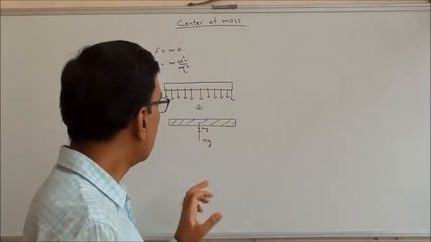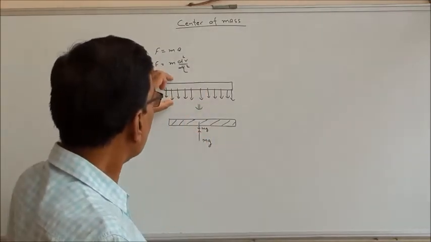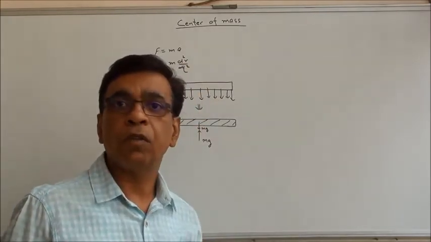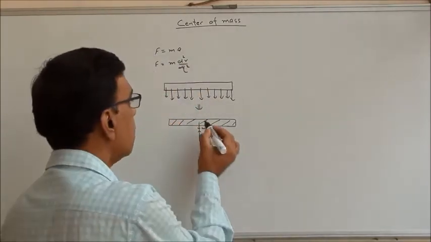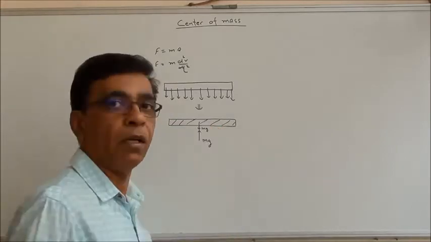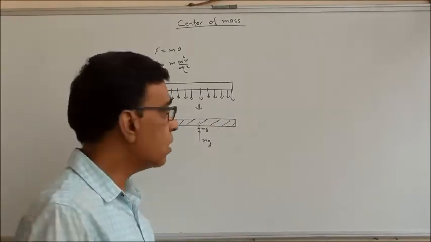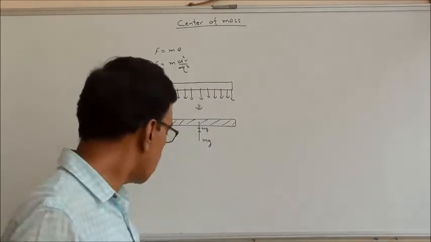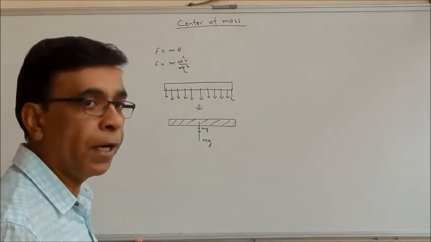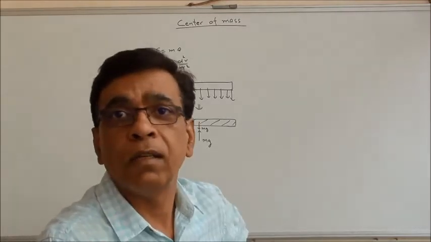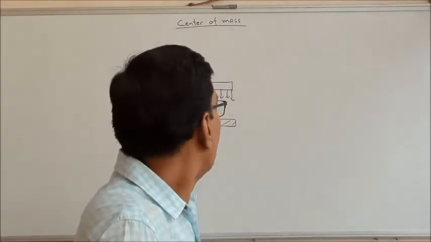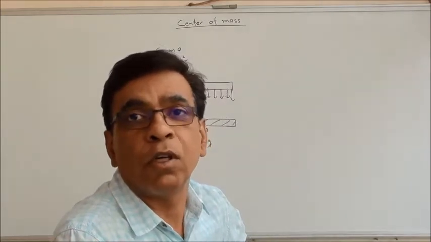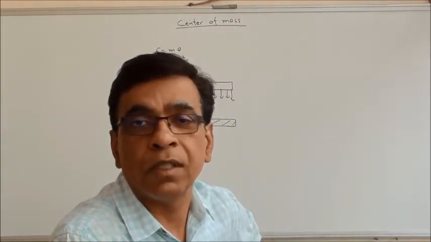So it means I can assume that the total mass of the body is acting at this point. This is called the center of mass. So center of mass is an imaginary point where all mass of the body can be supposed to be concentrated.